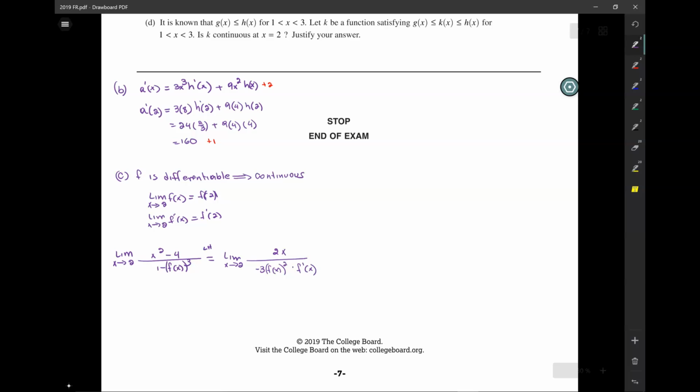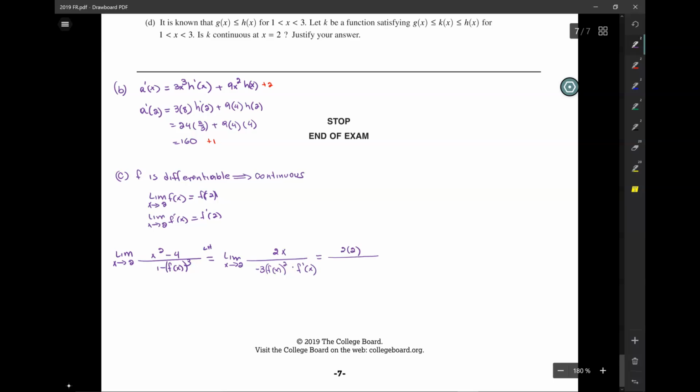Now at x equals 2, the numerator is 2 times 2. You don't need L'Hopital anymore, because you no longer have 0 over 0.